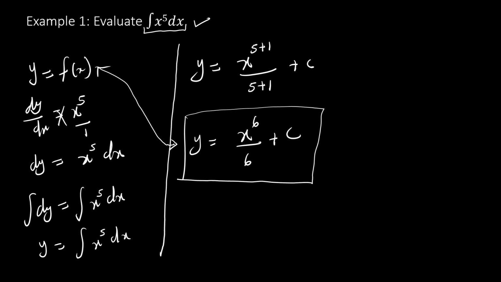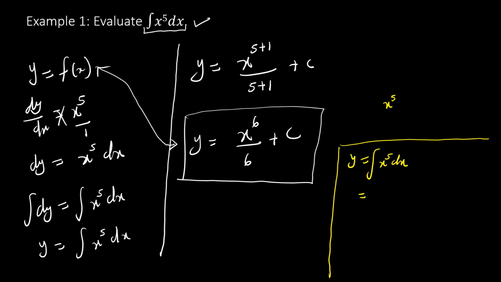To show you a quick tip of how to easily get this, let me talk about this. For example, now we are given y equal to the integral of x to the power of 5 dx. One way to easily get this is to assume dx is just multiplying x to the power of 5 by x. Just try as much as possible to remove the d and put x here.